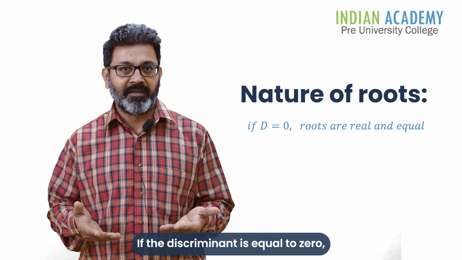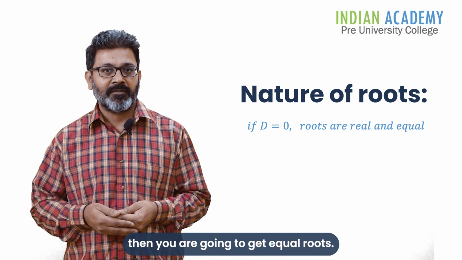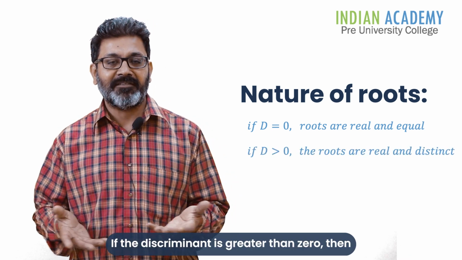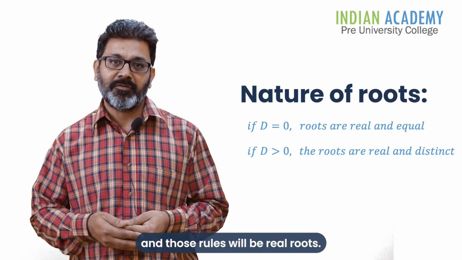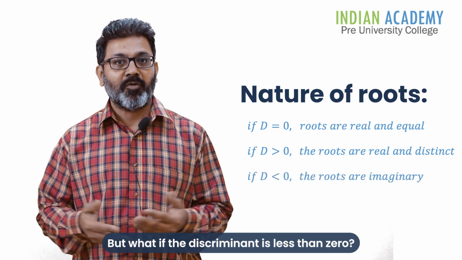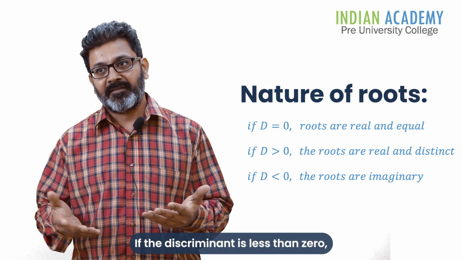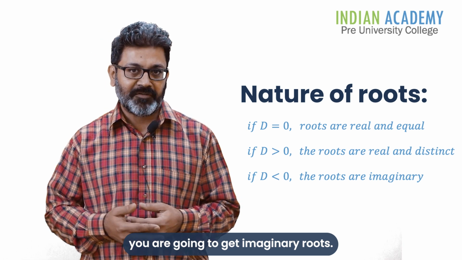If the discriminant is equal to 0, then you are going to get equal roots. If the discriminant is greater than 0, then you are going to get two different roots, and those roots will be real roots. But what if the discriminant is less than 0? If the discriminant is less than 0, you are going to get imaginary roots.